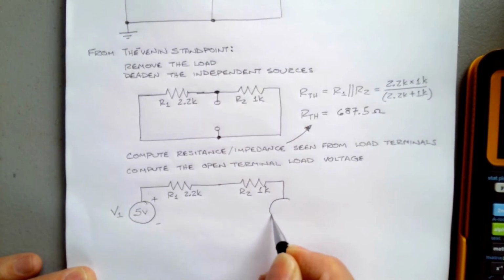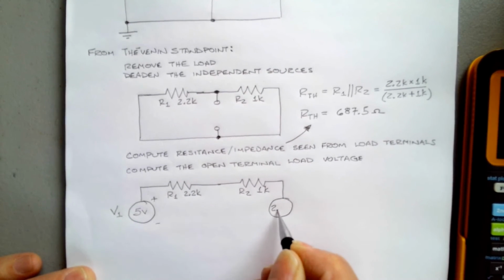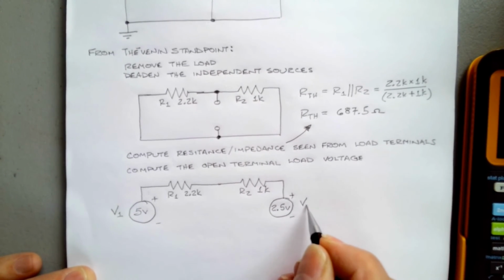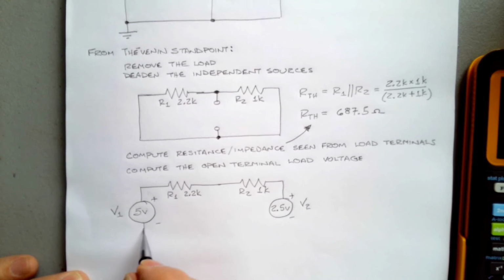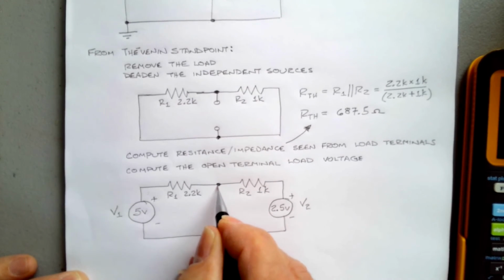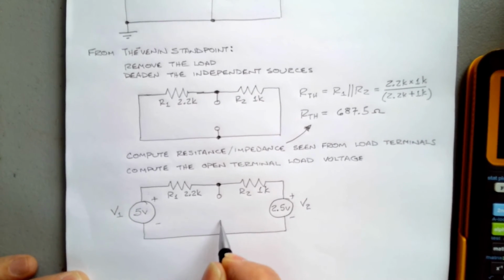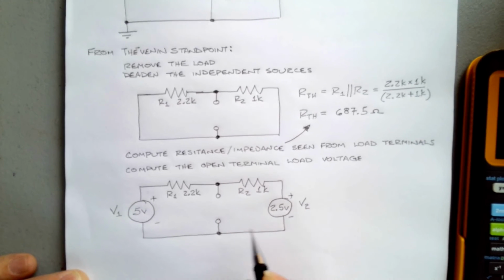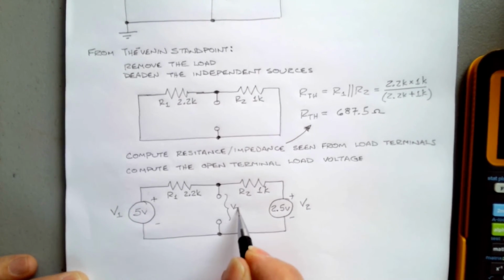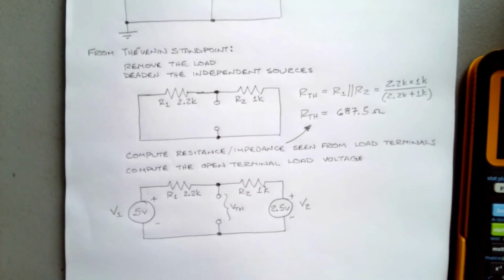And then we've got 2.5 volts here. That's V2. And we'd like to know what the voltage is right here. That's going to be our Thevenin voltage, that open circuit terminal voltage.